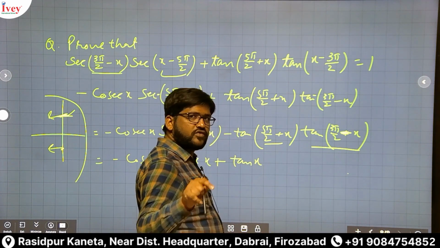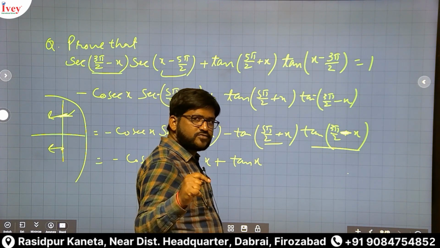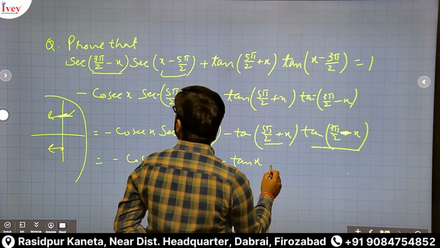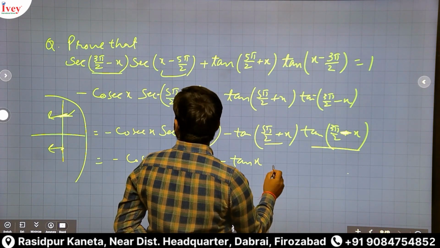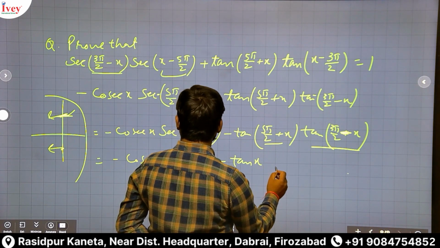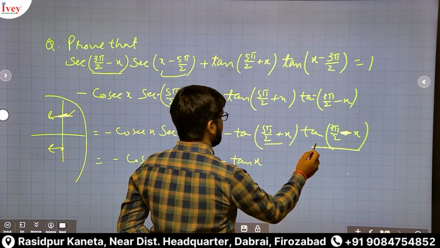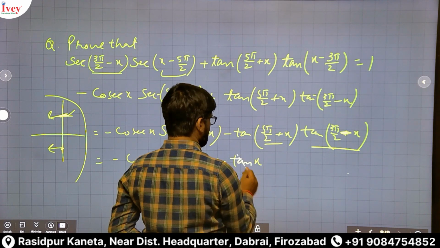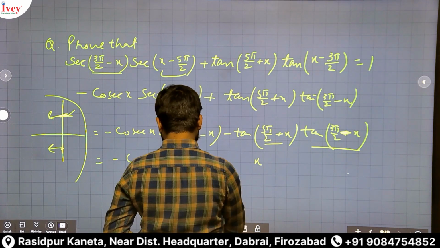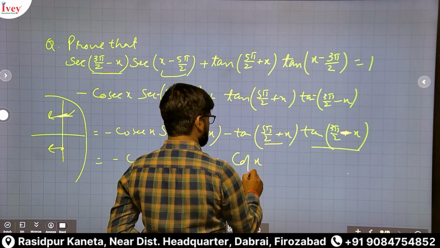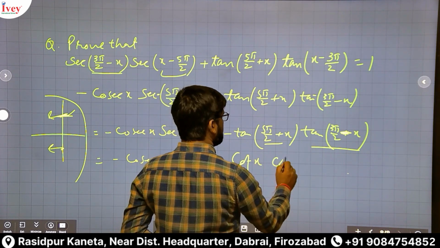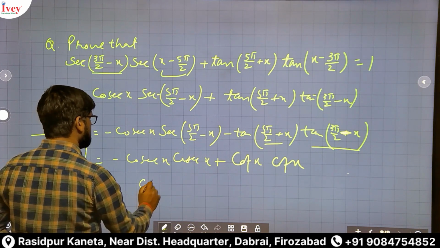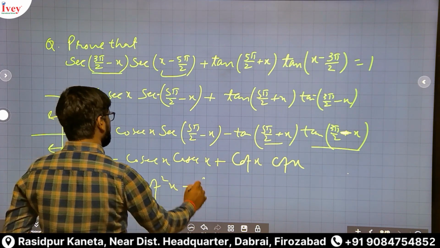Again, it is in the third quadrant, and in the third quadrant, tan is positive. This will change into cot. This is cot x, and also it will give you cot x. So again, that is cot square x and minus cos x square x.